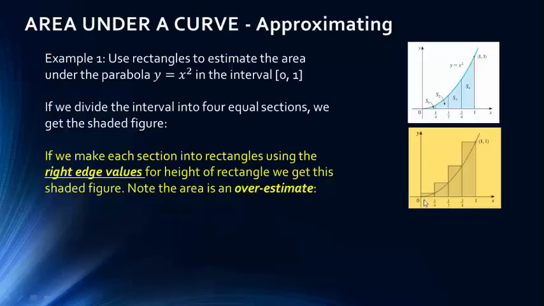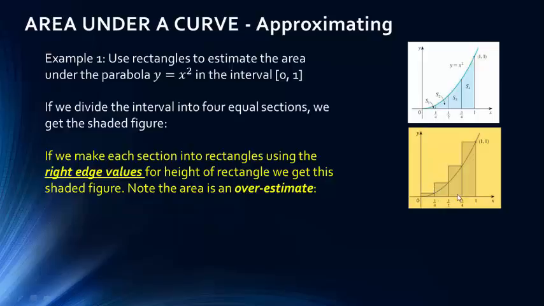Notice between 0 and 1/4, 1/4 is on the right. We go to the function curve at that value, f of x at 1/4, and then draw a straight line. For the second rectangle, from 1/4 to 1/2, we use the right end value, wherever the curve touches x equals 1/2, and make that the height.